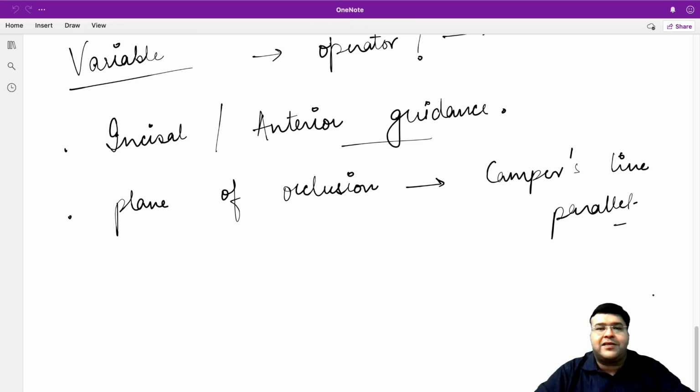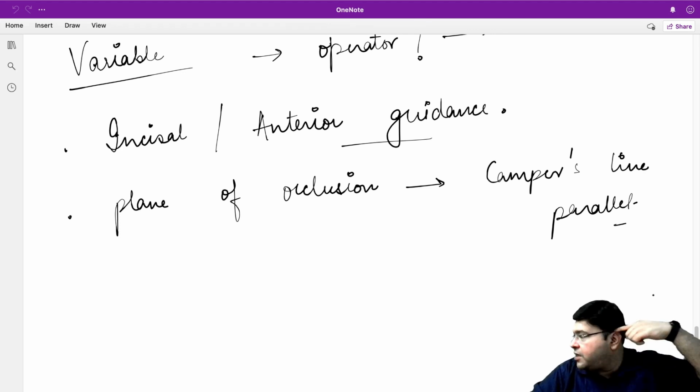So what you need to understand is that when we were recording the ala tragus line, when we were recording the Camper's line, we were not very sure what we needed to record. So somewhere from the inferior part of tragus or middle or any part of it, and sometimes the line is going on to the external ear.